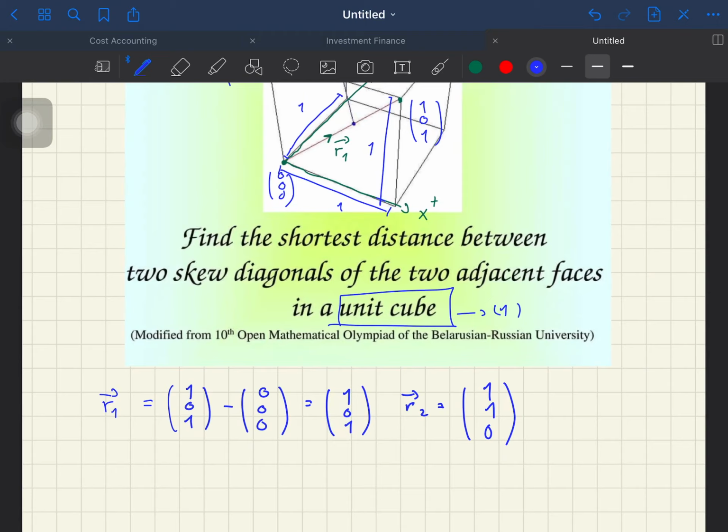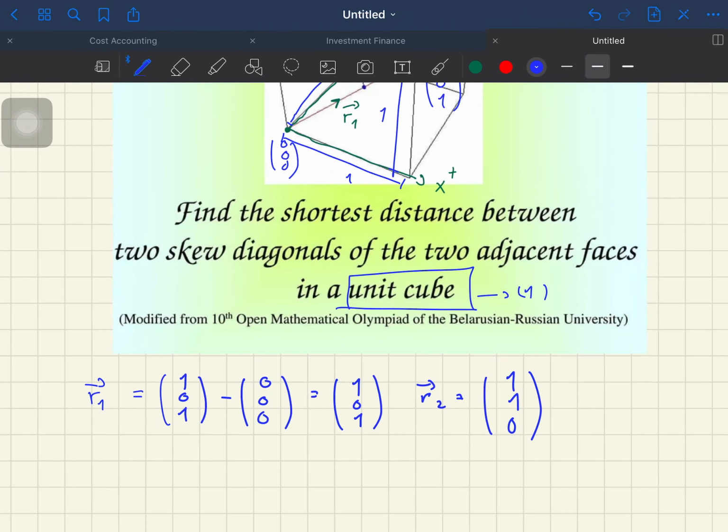It's not enough to just have the direction vector. We must also have an equation of the straight line, the vector equation. So for example, I want to parameterize R1 in terms of x.